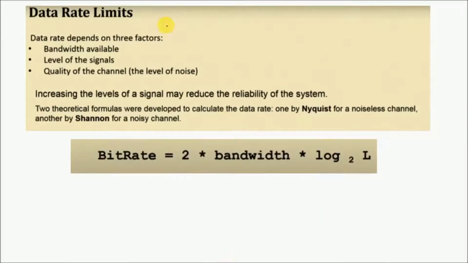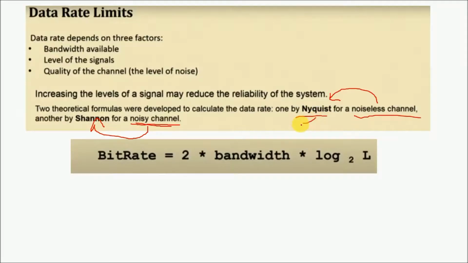Now let's see, the channel capacity can be calculated for a noiseless channel as well as for a noisy channel. If you want to calculate the channel capacity for a noiseless channel, then the Nyquist formula is used, and if we want to find out the channel capacity for a noisy channel, the Shannon capacity is used.